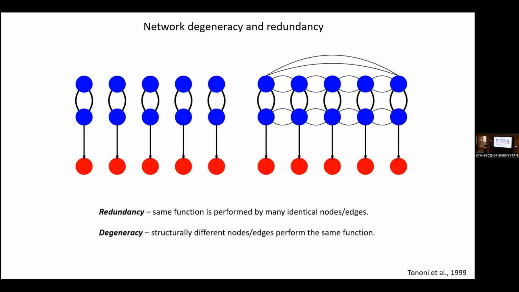Degeneracy means that structurally different nodes and edges may perform the same function. A good example of this is the researcher Eve Marder at Brandeis University. She has studied the stomatogastric network of 30 neurons in the American lobster, which regulates the digestion and so on.